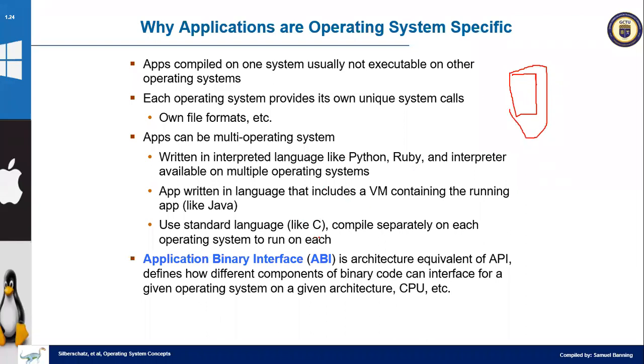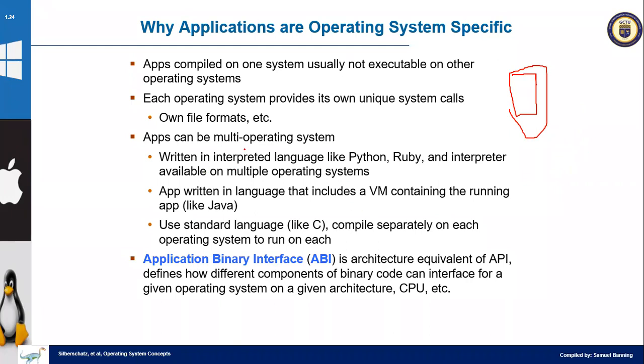So if I write one C program and compile it in Windows 10, for example, Windows 10 will add all the necessary files in order to run my C program. If I compile it on Android, Android will add all the necessary files in order to run my application.